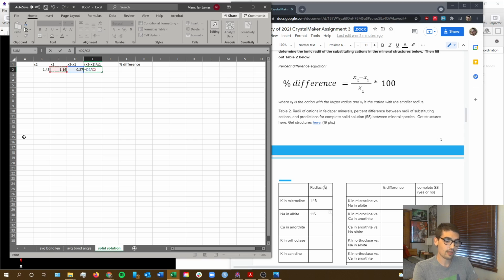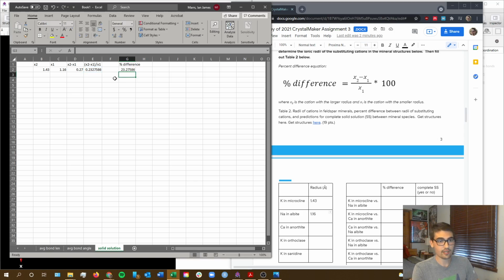Okay, hit enter. Now all we need to do to calculate the percent difference, you see I've done this whole quantity, and now I just need to multiply it by 100. So equal sign, that value, multiplied by, using the asterisk, 100.